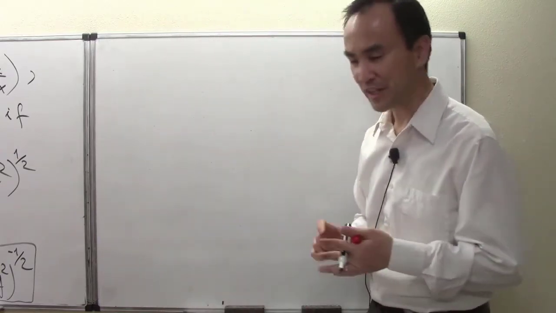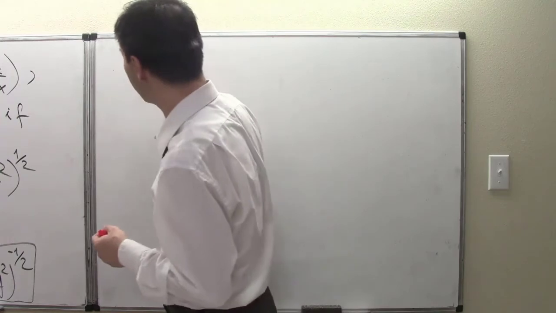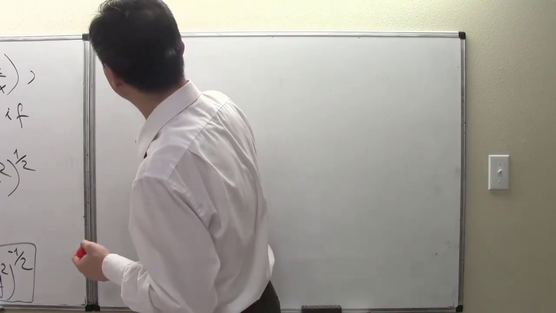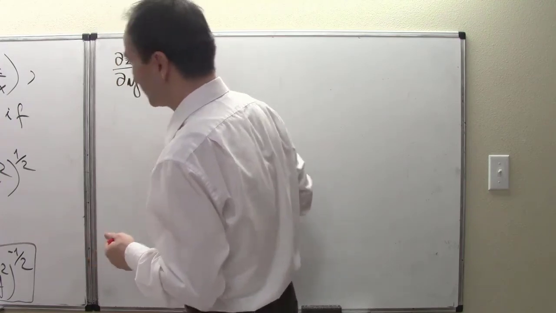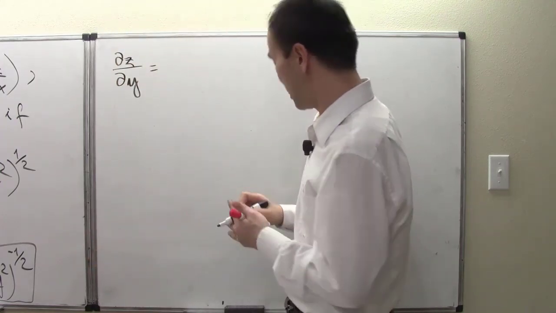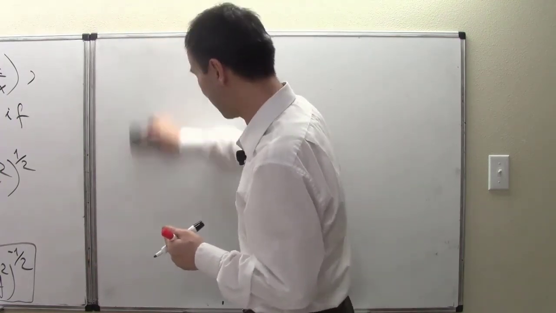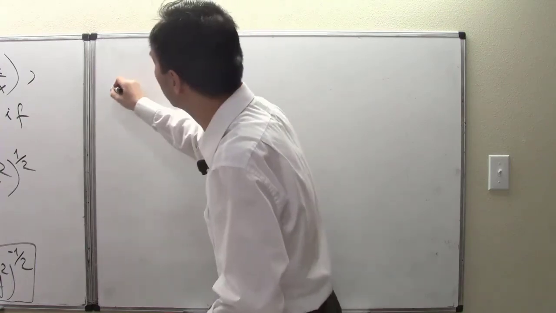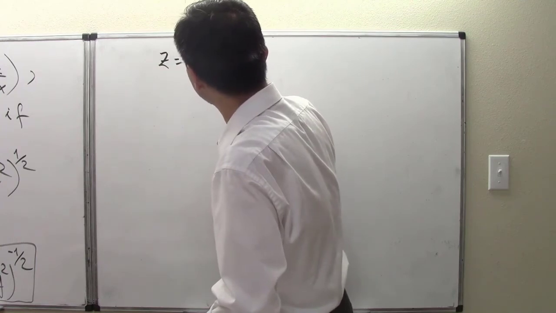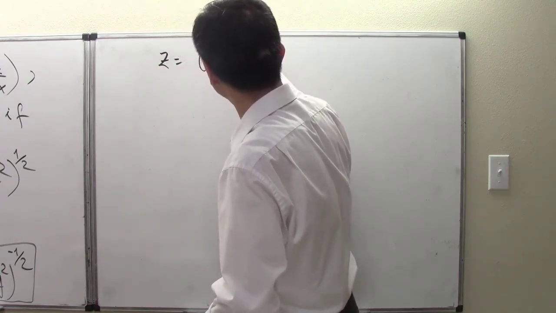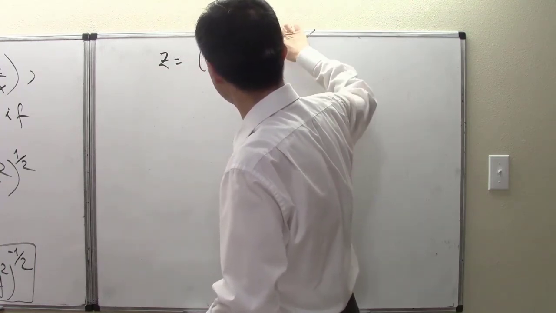Now for the same function, let's look at dz/dy. Once again, before I get this, let me rewrite the function: z is x squared plus y squared inside parentheses raised to the 1/2 power.